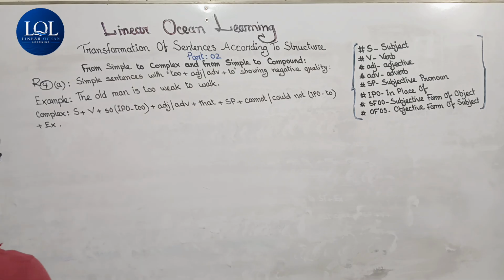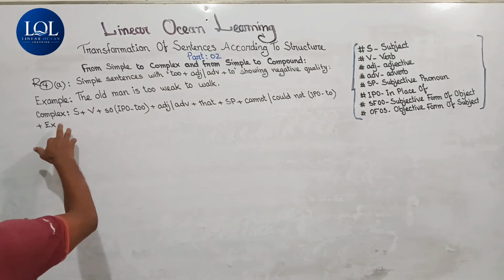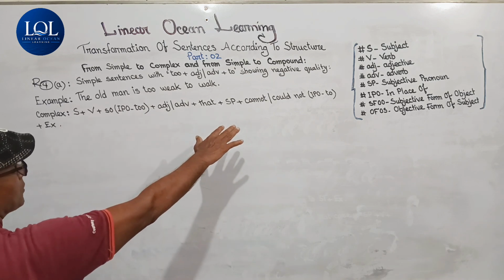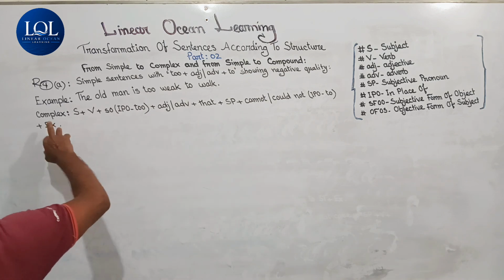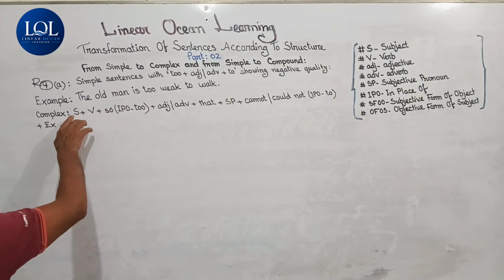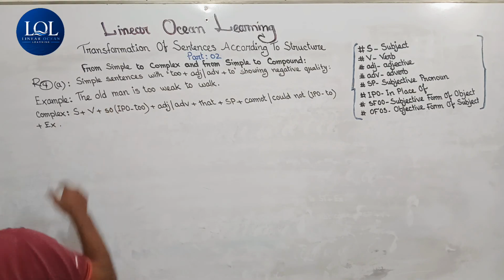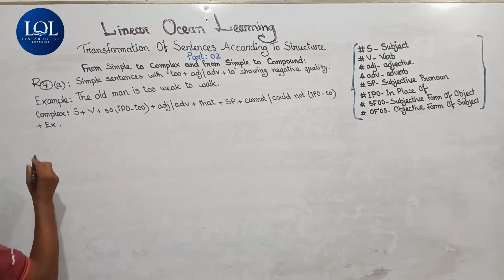Now let's get to the structure of the complex sentence. Firstly, subject. Here subject is the old man. Let me write the answer.